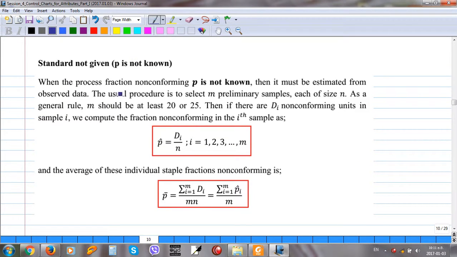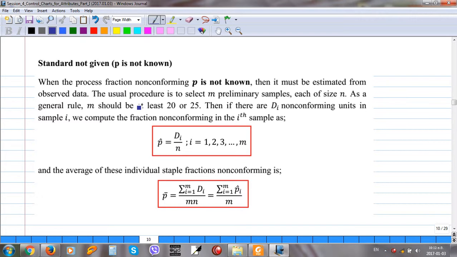When the fraction p is not known, it must be estimated from the observed data. The usual procedure is to select m preliminary samples, each of size n. As a general rule, m should be at least 20 or 25.